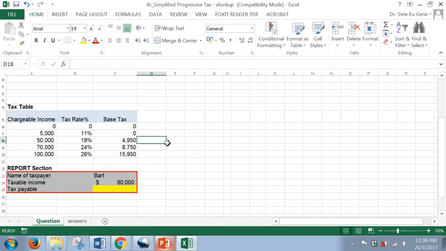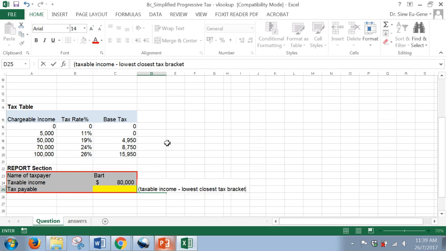Basically, we are going to use this process. We are going to use the taxable income less the closest bracket, multiplied by the tax rate at that appropriate tax interval, and add with the base tax for that interval.